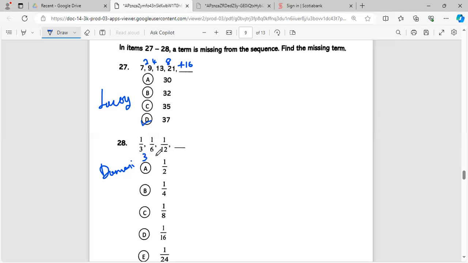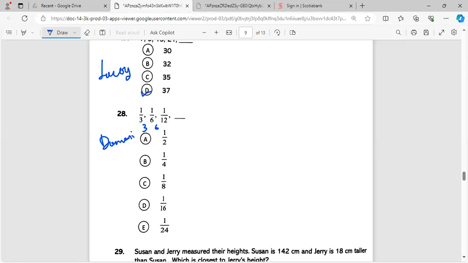And the difference between 6 and 12 is 6. So 6 times 2 equals 12. So you would have to multiply 12 by 2 to get your answer for number 28. So, what's the answer you got? The answer is E, sir, 1 over 24.